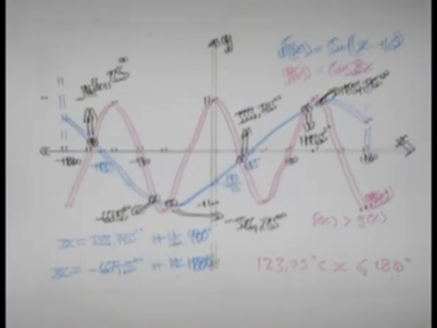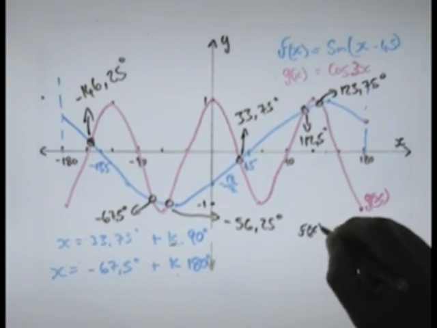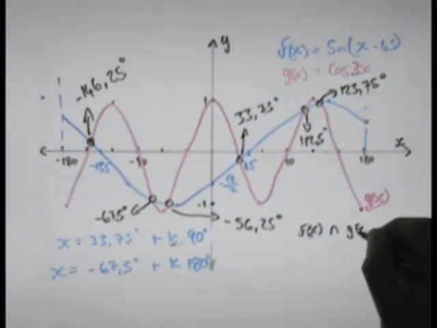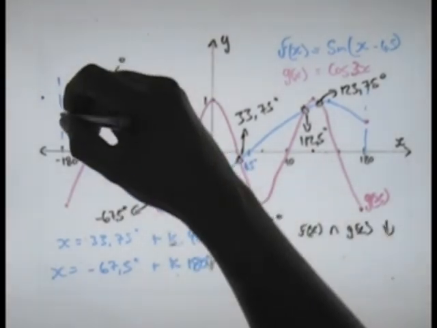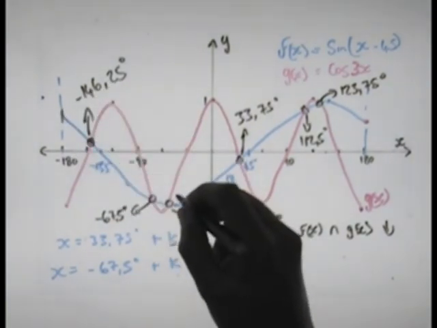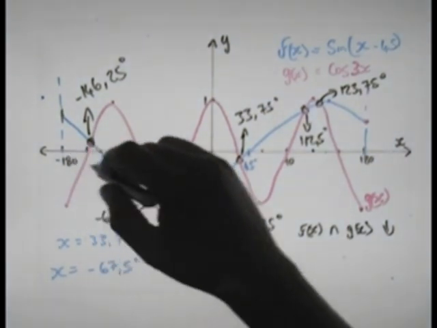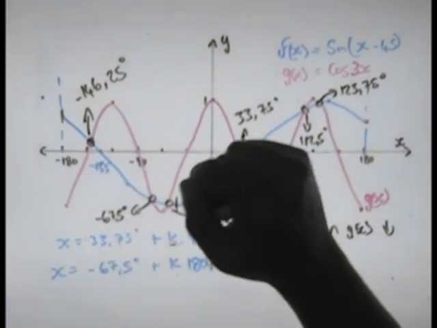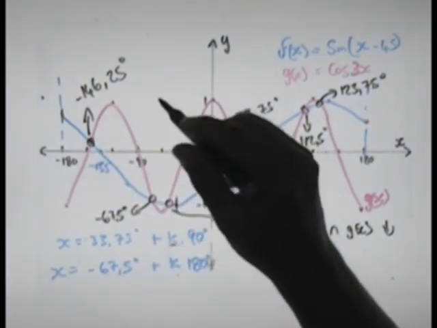The next question I asked was, when is f of x and g of x decreasing at the same time, for which x values? Well, let's start by looking at the f of x graph. We know that the f of x graph is decreasing from there right up until there. That's when the f of x graph is decreasing. In that space, where is the g of x graph decreasing?